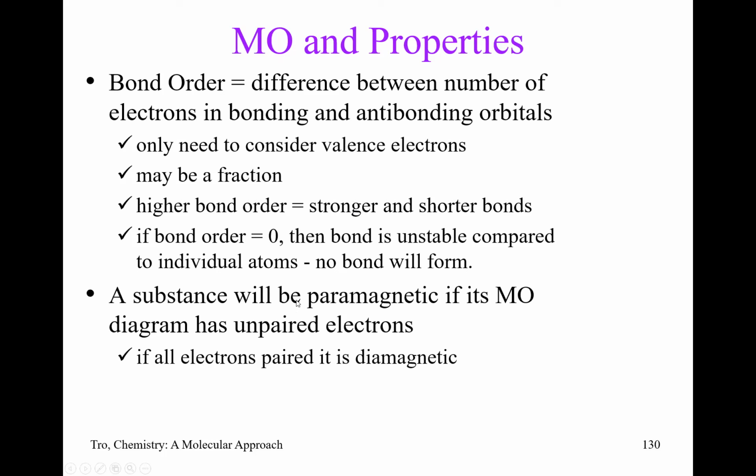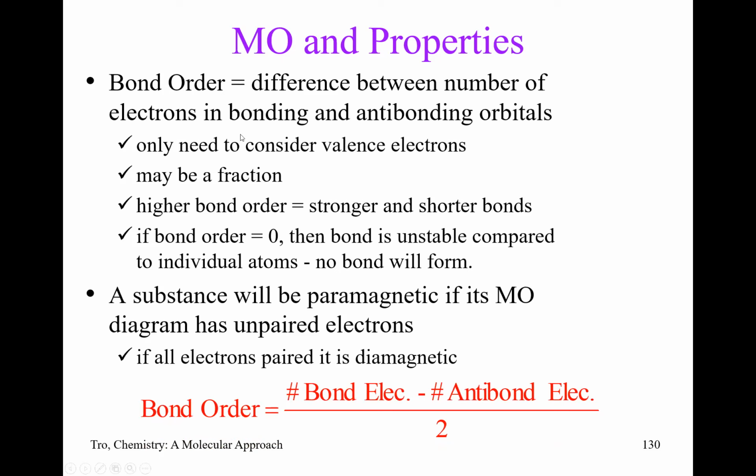So now, when we see these pictures, you can see how molecules have unpaired or completely paired electrons, and this explains the electronic and magnetic features seen in real molecules.